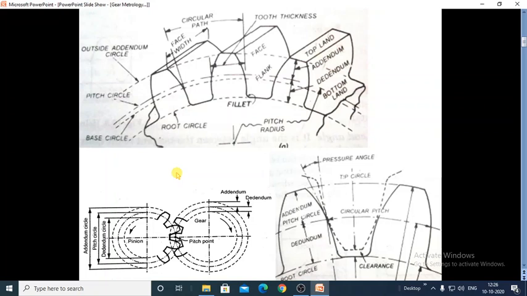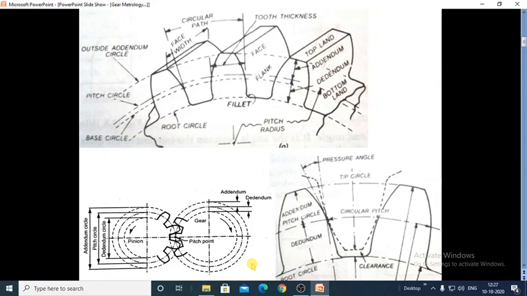And pitch point is nothing but the point of contact between the pitch circles of two gears in mesh. Here you can see the contact point.